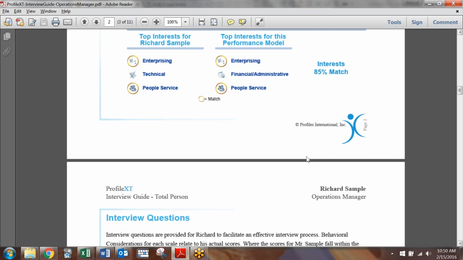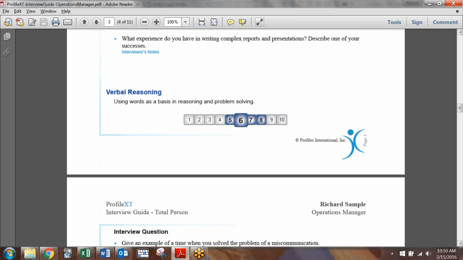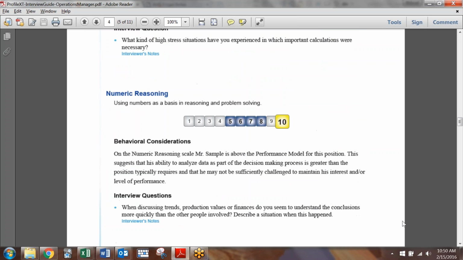To help you with that, this report gives you some interview questions that you can ask. They can be particularly important where there's an outlier score. On this individual, because they're so high on numeric reasoning, there's a question asking if they tend to pick up on things much more quickly than others.